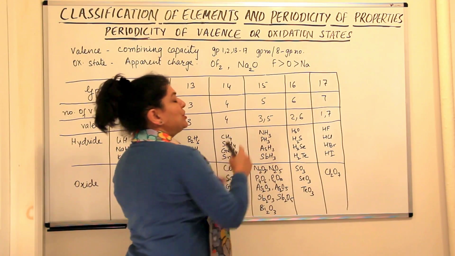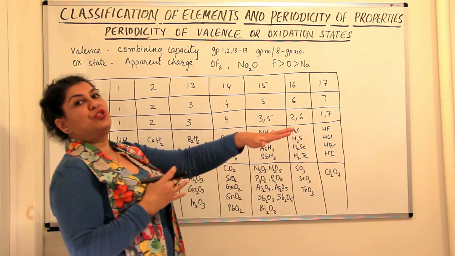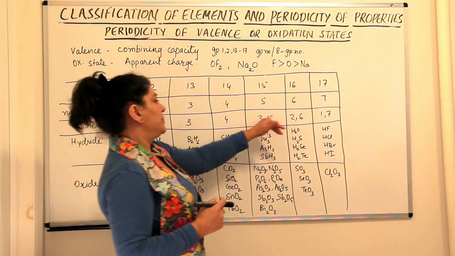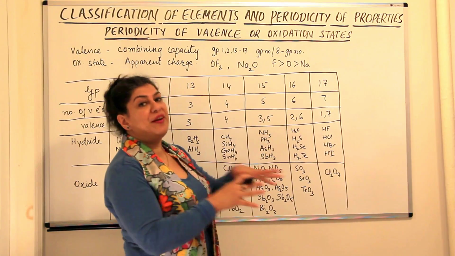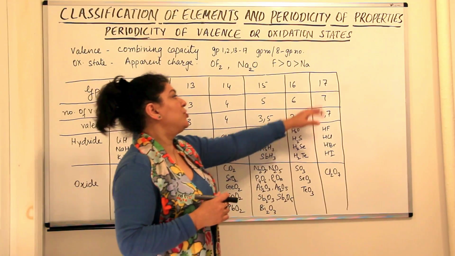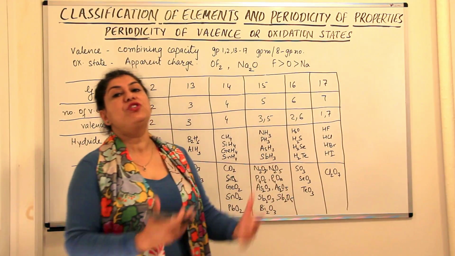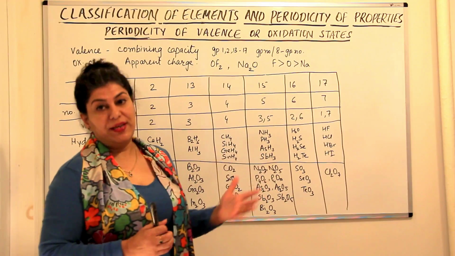So group 15 elements would prefer to lose or share 3 electrons, group 16 would prefer 2, and group 17 would prefer to show a valency of 1 instead of 7.